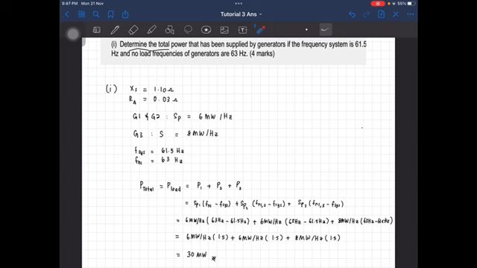So we want to find the total power. Total power equal to P load equal to P1 plus P2 plus P3. The formula is power from generator equal to slope times no load frequency minus system frequency.